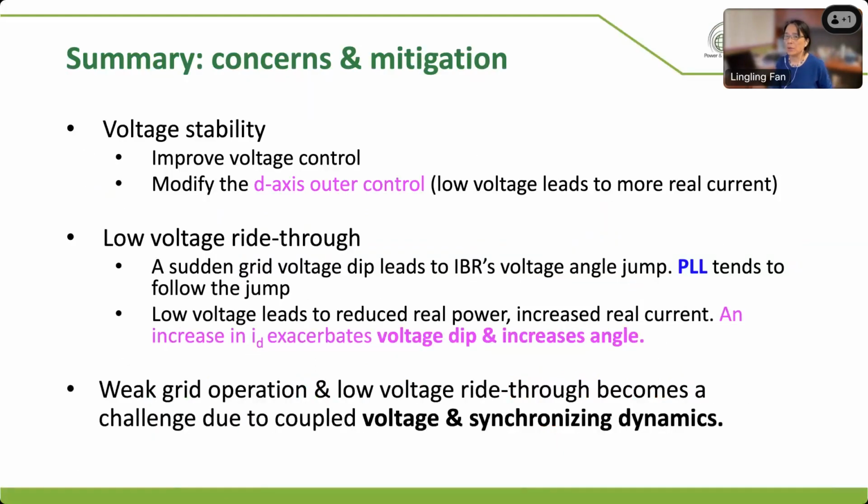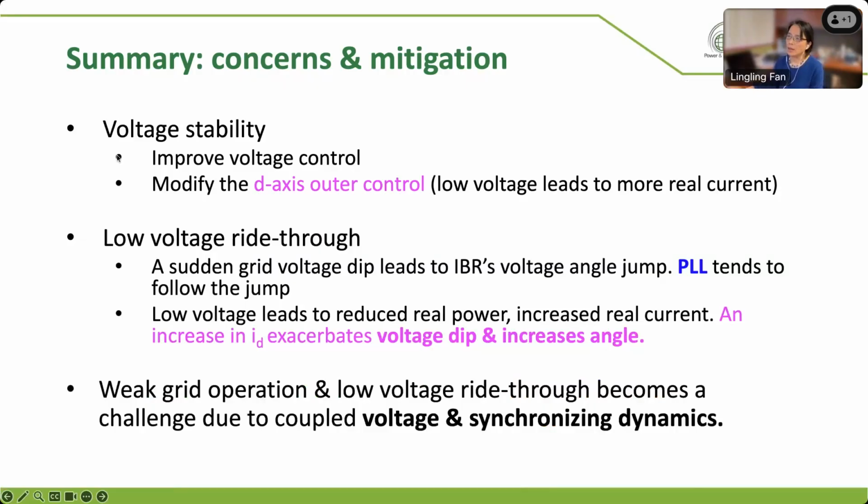As a summary, if we look at the reports from NERC from 2017 to 2022, or even the recent one, the concerns are voltage stability. This can be addressed just by improving the voltage control, for example, instead of Q control, you do QV control or additional voltage regulation.